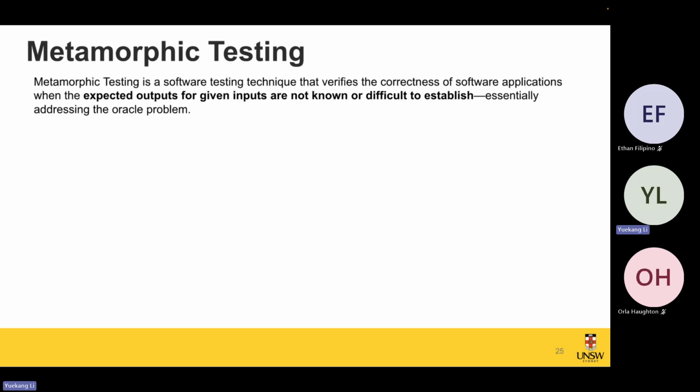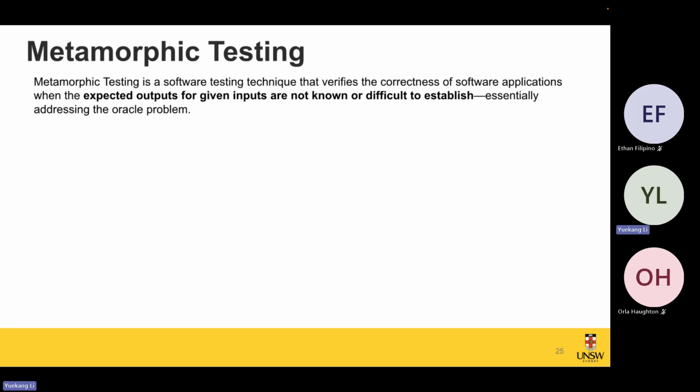This is the definition, which is again very long and kind of boring. The key idea is that metamorphic testing is used for solving cases where it is hard or impossible to get the exact value of the expected output. This is the problem we are trying to solve.